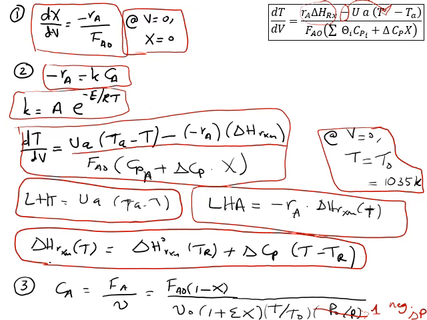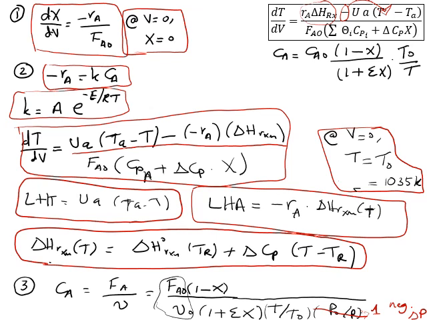So the Ca now becomes, of course, Ca naught times (1 minus x) divided by (1 plus epsilon x) times T naught over T.